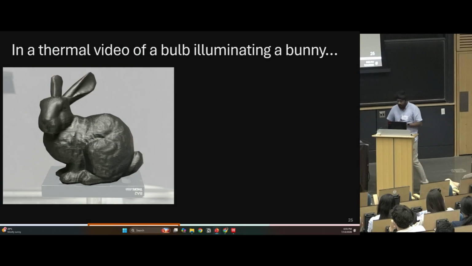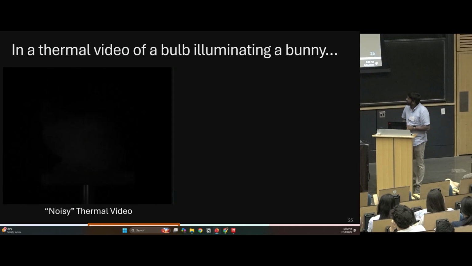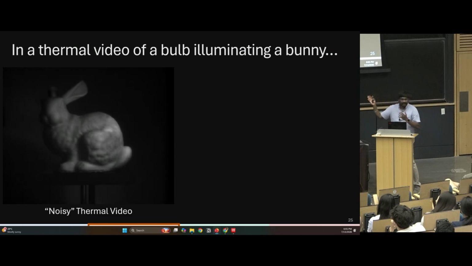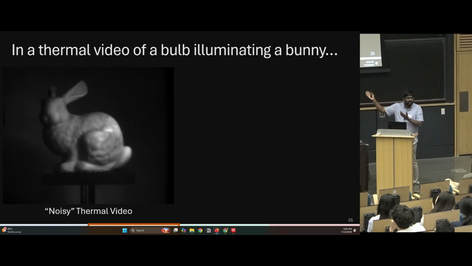Next, let's see an example of heat conduction. In this case, we have a black bunny that is illuminated by an incandescent bulb from the right. The input video itself looks almost noiseless. That's because of the high dynamic range of the scene.